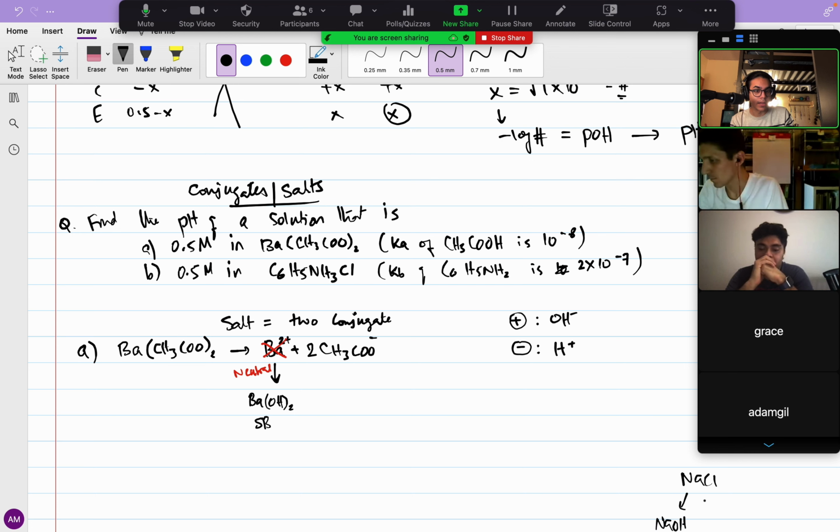Here, the H2O is acting as both a base and an acid, because I'm thinking it donates a hydrogen, so it acts as an acid, but then it releases an OH, so that's acting as a base.